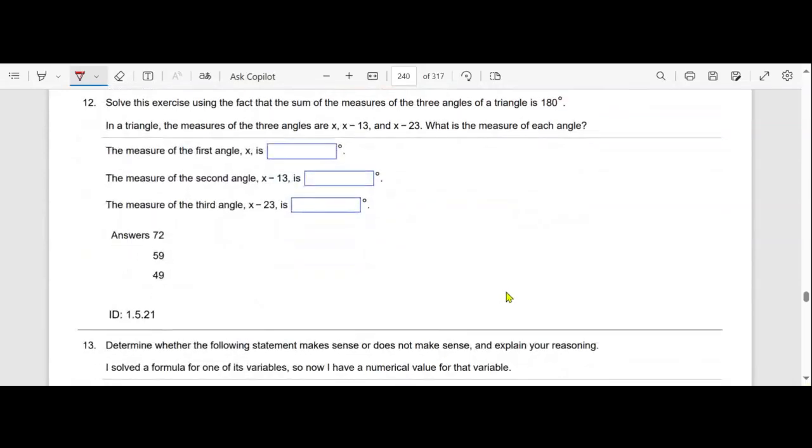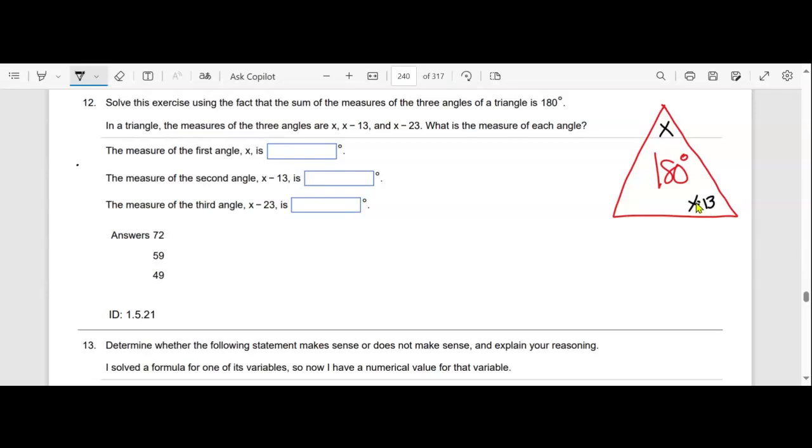Need someone to read? Yes, Khalid. Solve this exercise using the fact that the sum of the measures of the three angles of a triangle is 180 degrees. The measures of the three angles are x, x minus 13 and x minus 23.